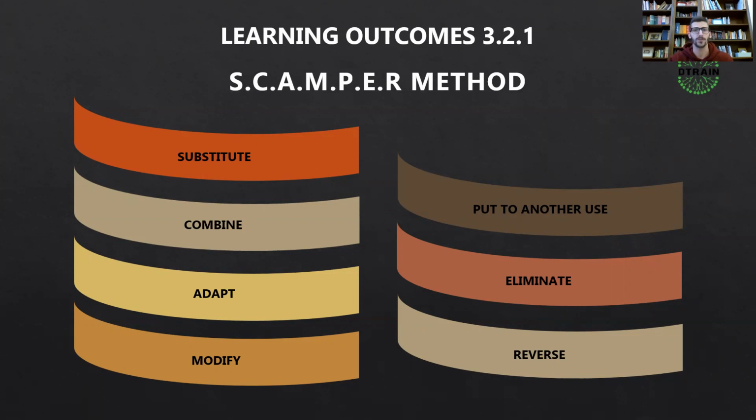Put to another use. This technique is about how to put a current thing or process to another purpose, or how to use existing material to solve problems. Eliminate, as the name suggests, this technique aims to identify the parts of the process that can be eliminated to improve the process.